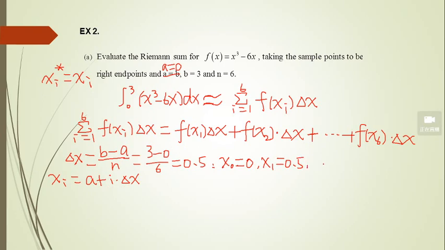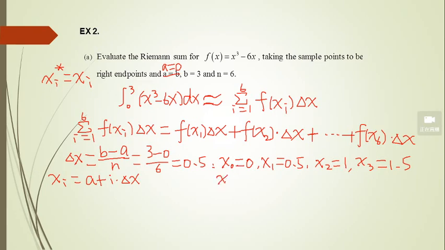What is x2? x2 just means a plus 2 delta x. a is always 0, so 2 times 0.5, which is 1, right? x2 is 1. Now what is x3? Of course, x3 is 1.5. You just add 0.5 to the previous one, so x3 should be x2 plus 0.5, so you get 1.5.